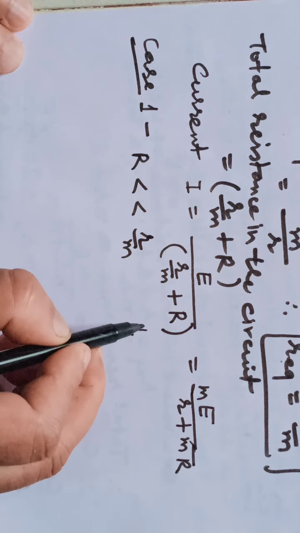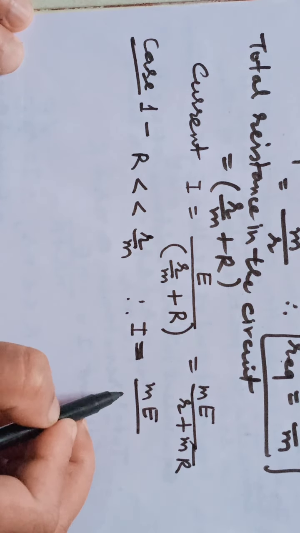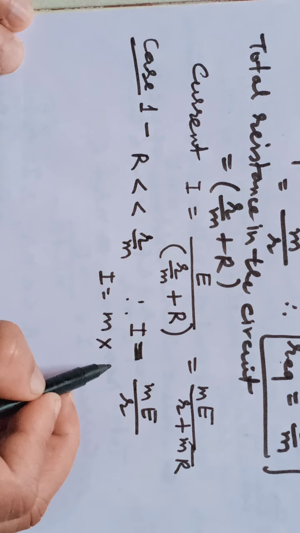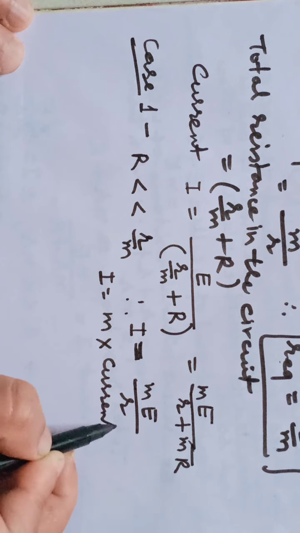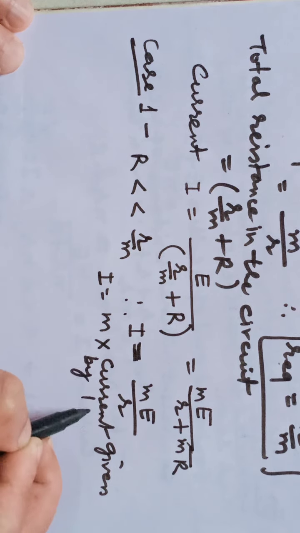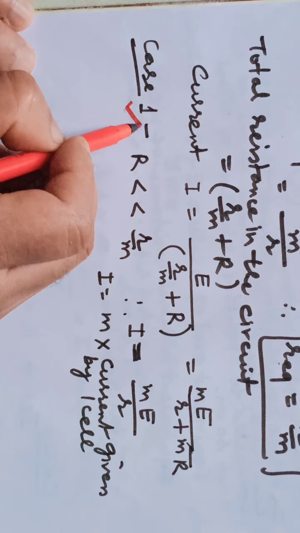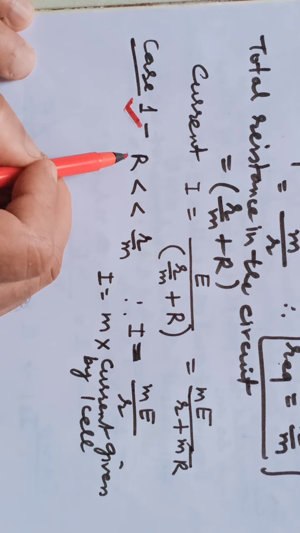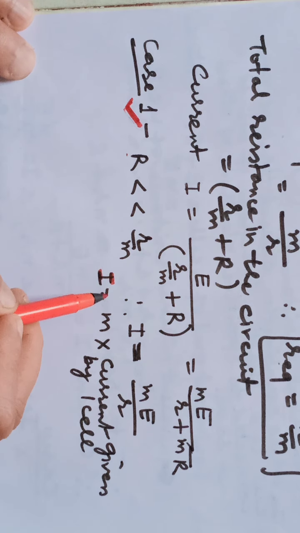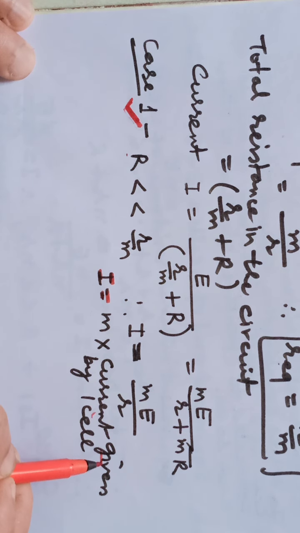Therefore the current in the circuit is mE upon r, that is, I is equal to m times the current given by one cell, E upon r. So the parallel grouping should be used when the external resistance is very small compared to the internal resistance. Then we get a current m times, meaning the number of rows, multiplied by the current given by one cell.